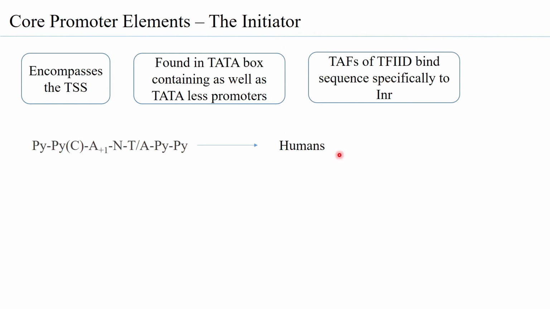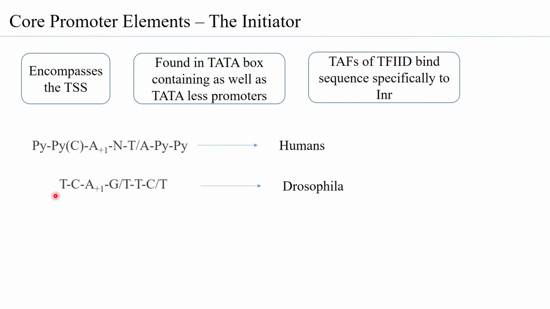In humans, the consensus sequence is pyrimidine, pyrimidine, mostly cytosine, then A plus 1, written as A plus 1 because this is also the start point of transcription. Any nucleotide over here is followed by an A or T, or another pyrimidine and another pyrimidine. So you can see that this portion is conserved, but the pyrimidines keep changing. There can be a lot of variation from the consensus sequence, and yet there is a consensus sequence.